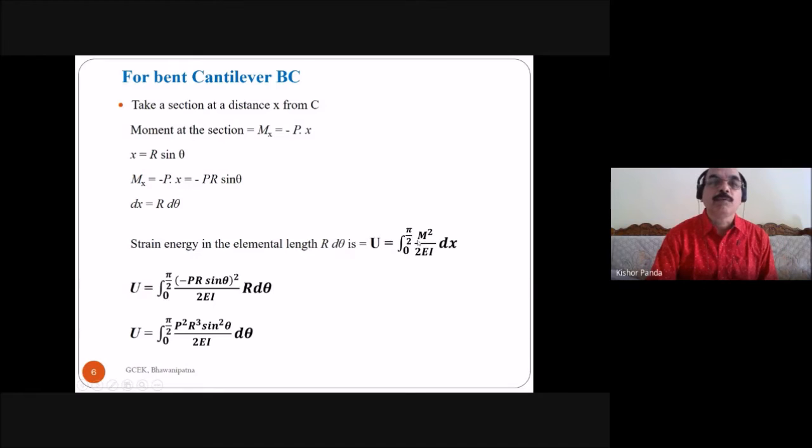And you know the moment is equal to minus Pr sine theta. So you put the value of moment and dx in this strain energy equation. So the strain energy is equal to integral from 0 to pi by 2 of minus Pr sine theta whole square by 2EI into r d theta. Then U is equal to integral from 0 to pi by 2 of P square r cube sin square theta by 2EI into d theta.